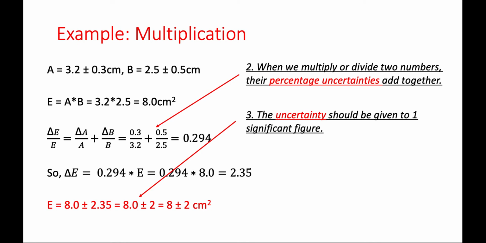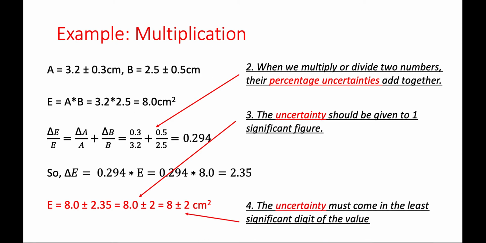Okay, we've got our 2 as our number is closer to 2 than it is to 3. Giving it to one significant figure gives me the answer of 2. Now notice again that we have to apply our rule 4, which is that the uncertainty must come in the least significant digit of the value itself.